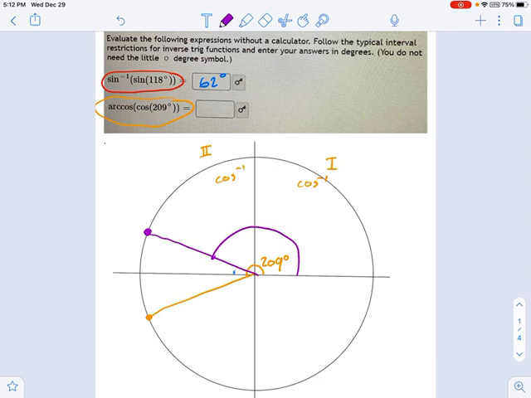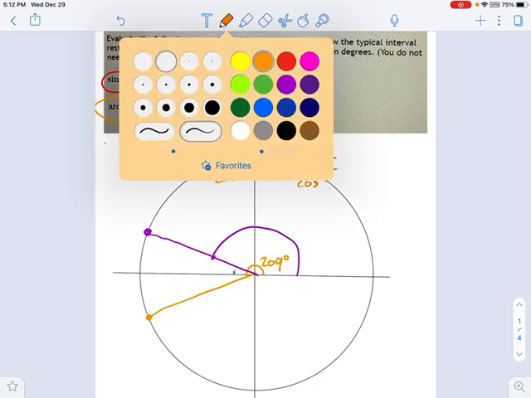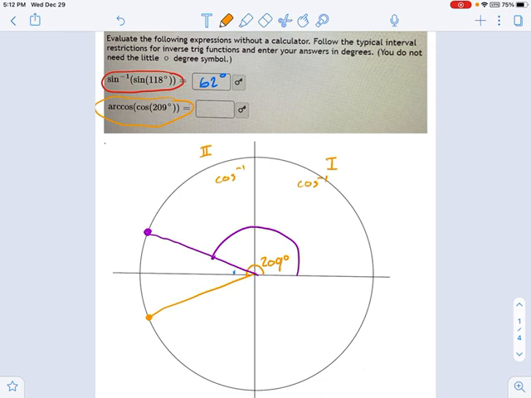And you can figure that out by a similar method. If 209 degrees is in orange, then this angle right here, this little guy, is going to be 209 minus 180. Okay, and try to visualize this as a big pizza and see if you can help yourself understand from that point of view.